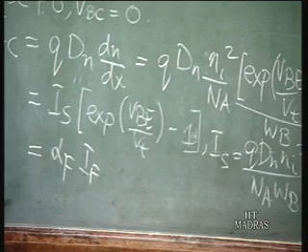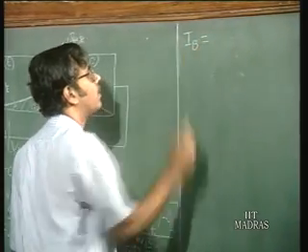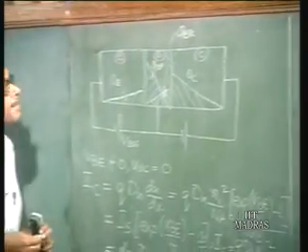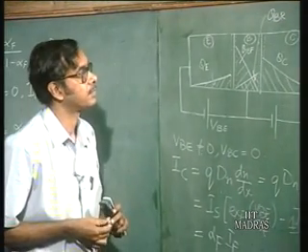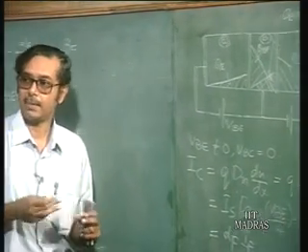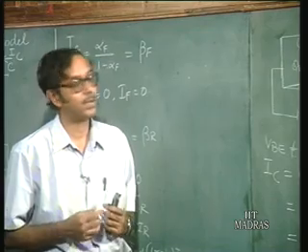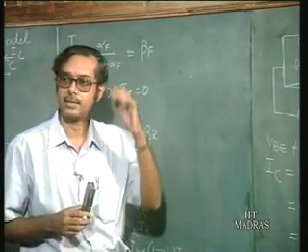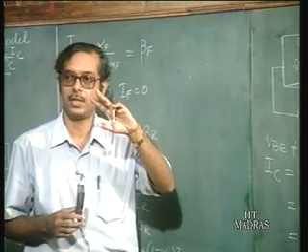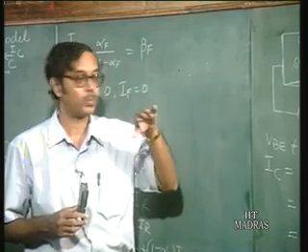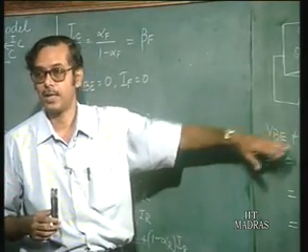What is IB equal to? The base current in a bipolar transistor in this case would consist of two components, when VBC is equal to 0.